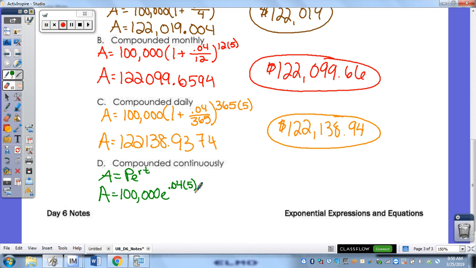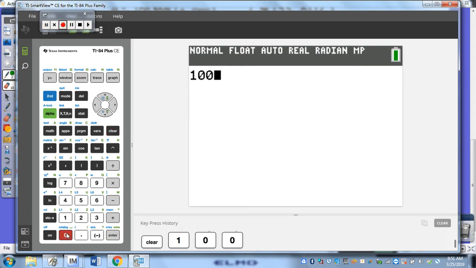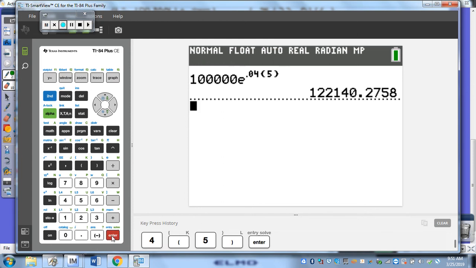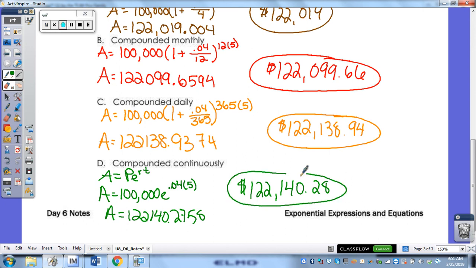And it's going to be to the 0.04 times 5 power. That one ends up with the most at $122,140.28.